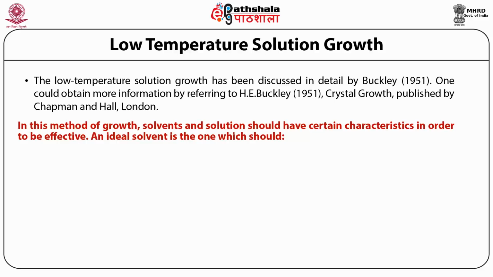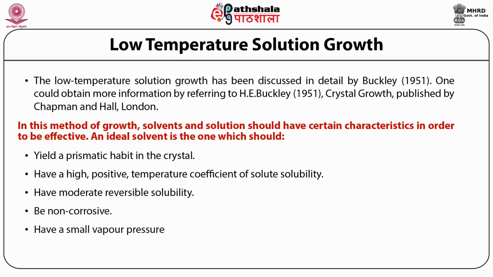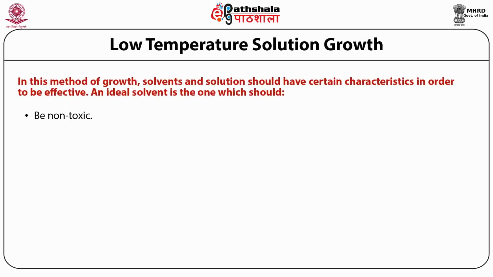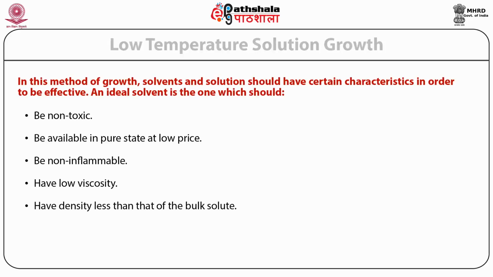An ideal solvent is the one which should yield a prismatic habit in the crystal, have a high positive temperature coefficient of solute solubility, have moderate reversible solubility, be non-corrosive, have a small vapor pressure, have low volatility, be non-toxic, be available in pure state at low price, be non-inflammable, have low viscosity, and have density less than that of the bulk solute.